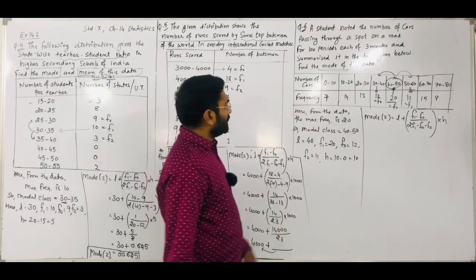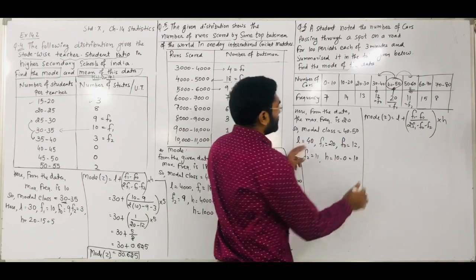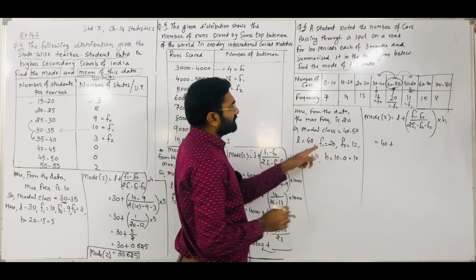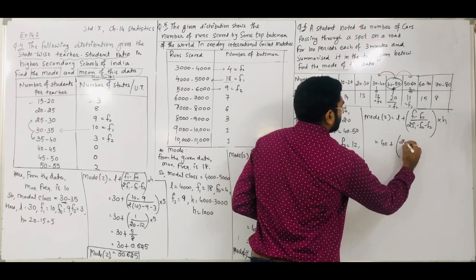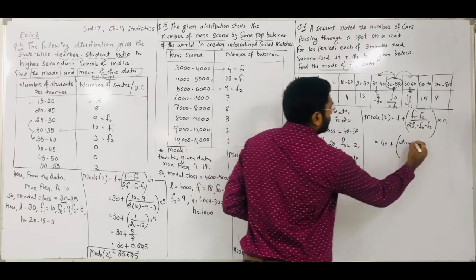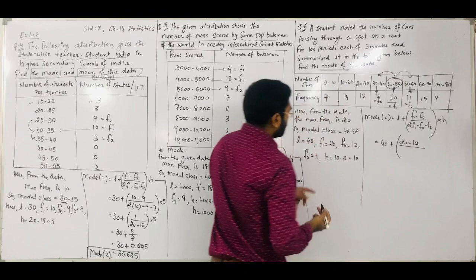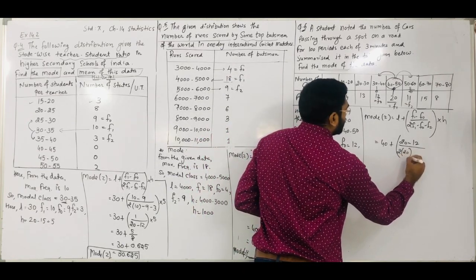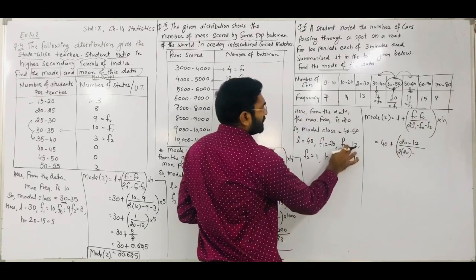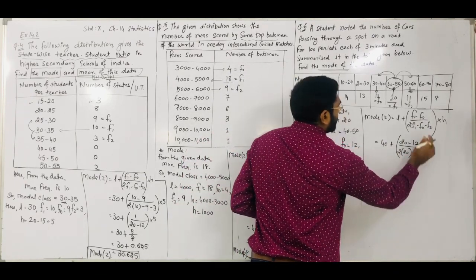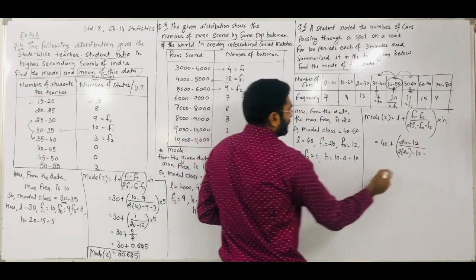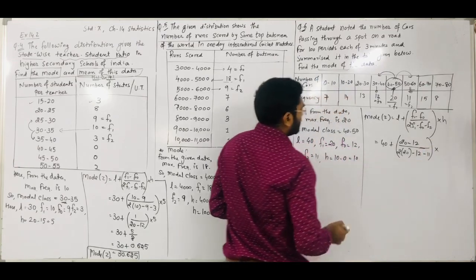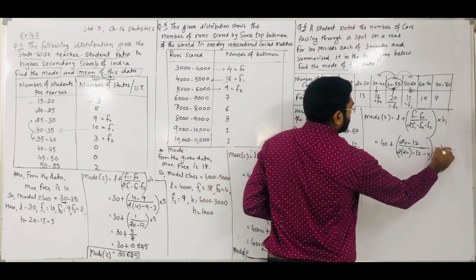The lower limit of the modal class is 40, so 40 plus f1 value 20 minus f0 value 12, divided by 2f1, that is 2 times 20, minus f0, which is 12, minus f2 value 11, into h, which is 10.